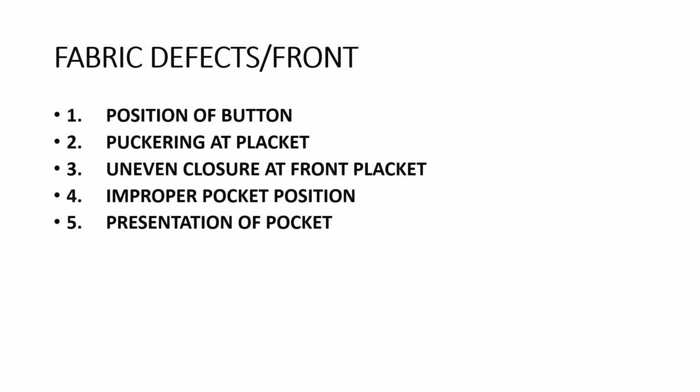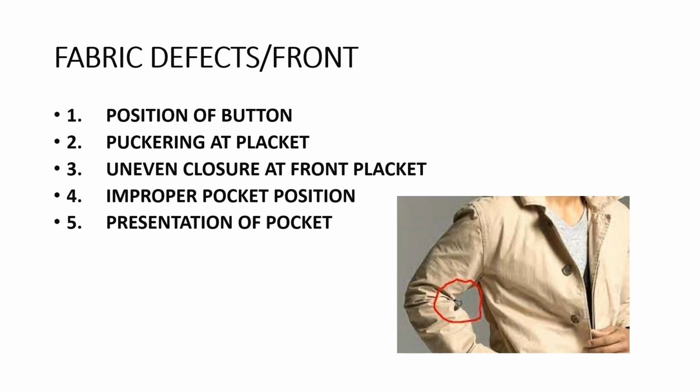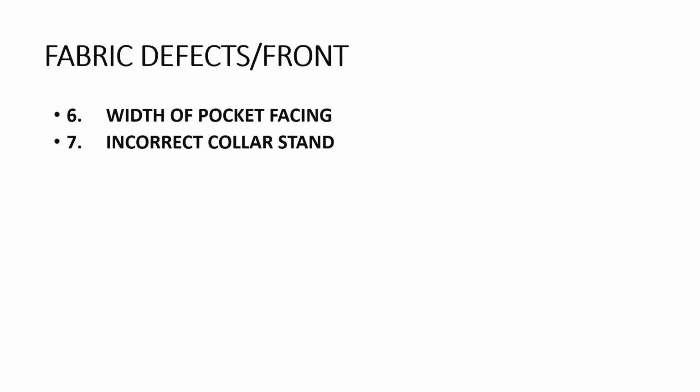Okay. Improper pocket positioning is also one of the defects. Presentation of the pocket also plays an important role, how the pockets are looking in the garment. Those things are very important while you are doing the quality control of a garment. So fabric defects play an important role at the front and the back area. And apart from that, the width of the pocket facing is also important.